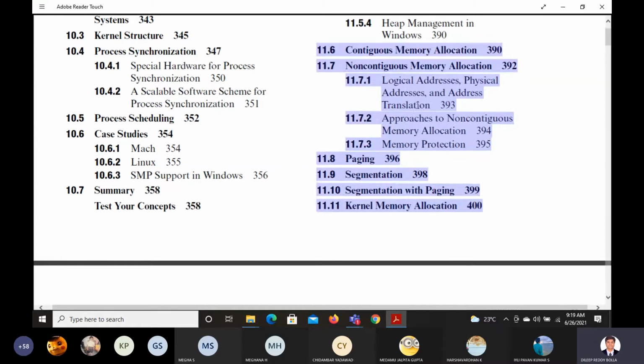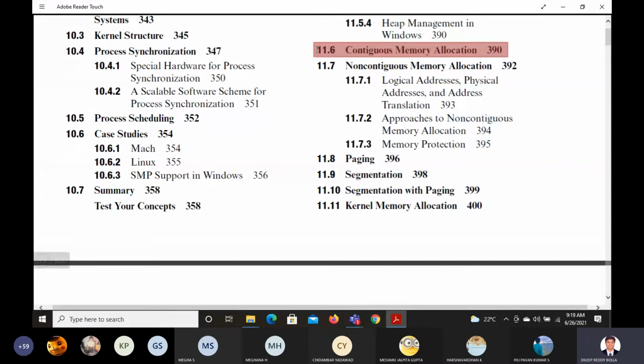Okay, and again here there are a lot of things in non-contiguous memory. That's what I told. Just have an idea about memory allocation, how it is, and memory protection, right? What is non-contiguous memory? What is the logical address? What is physical address? What is paging? What is segmentation? All these definitions you need to know. Let us start from here. 390 page.